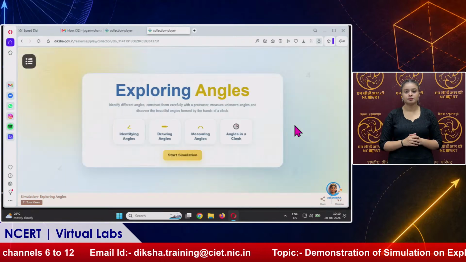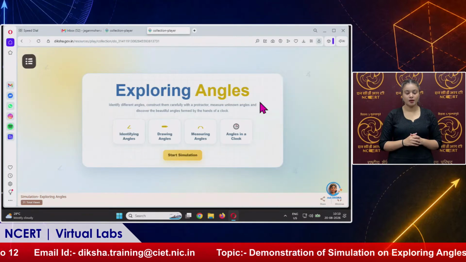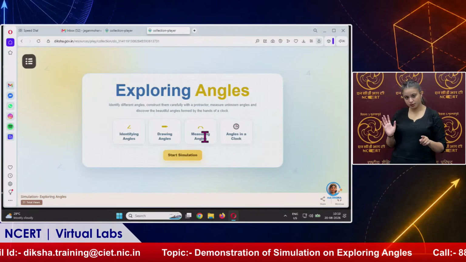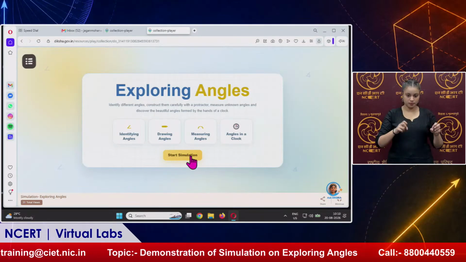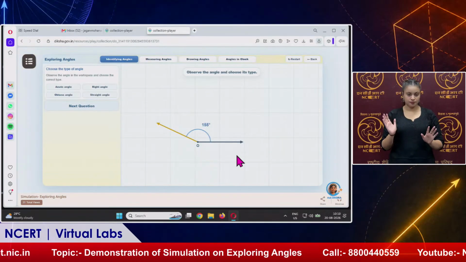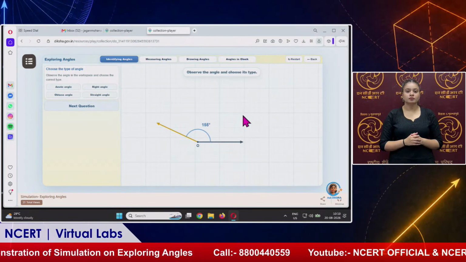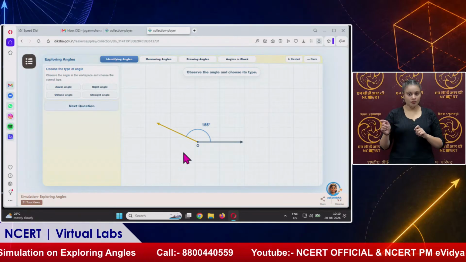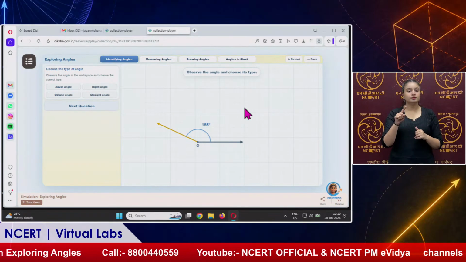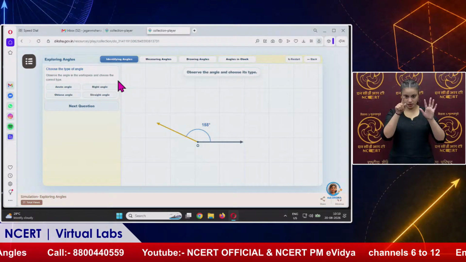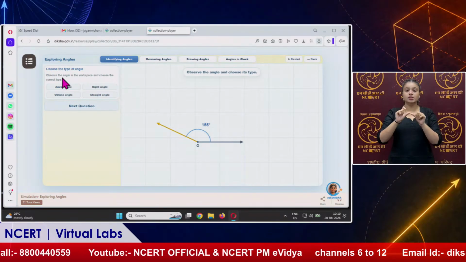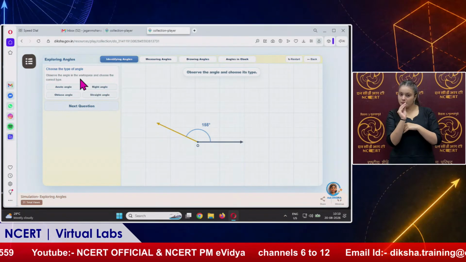So, yes. Now we can see here exploring angles, different types of activities, and just start the simulation. In this particular home page, this white grid part is called the workspace, and here we could see some questions also.